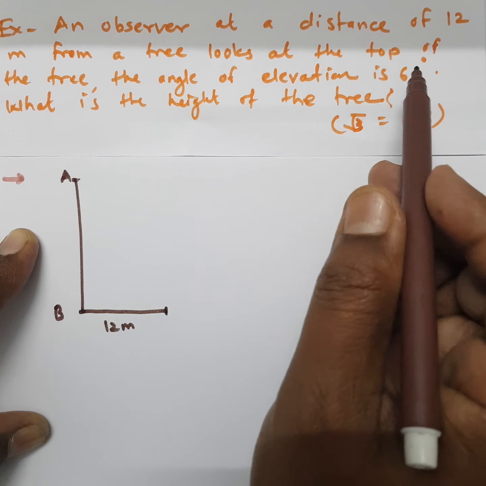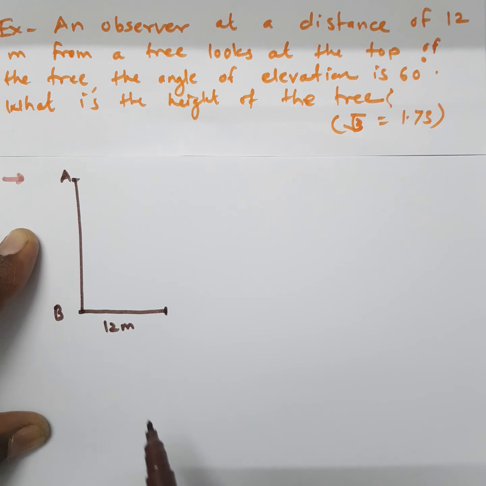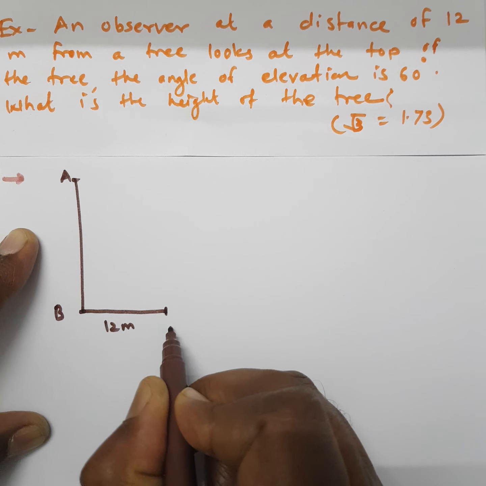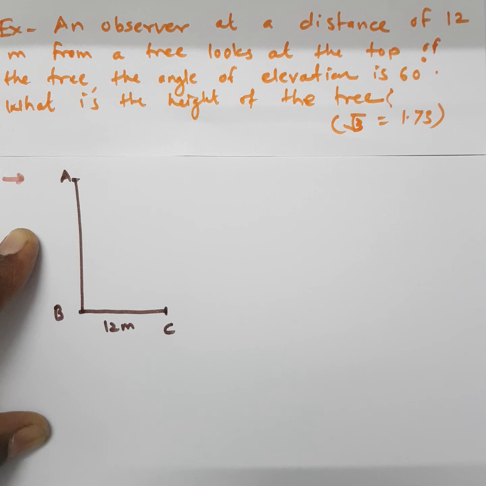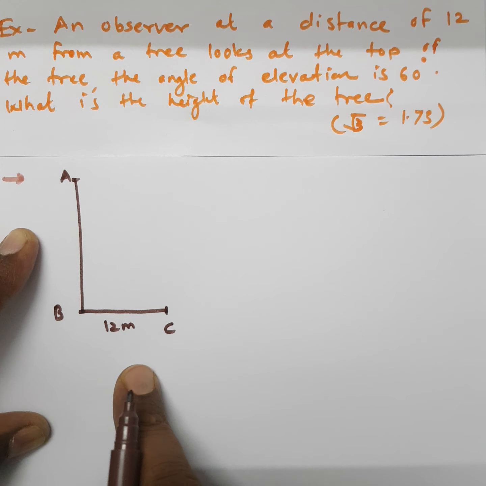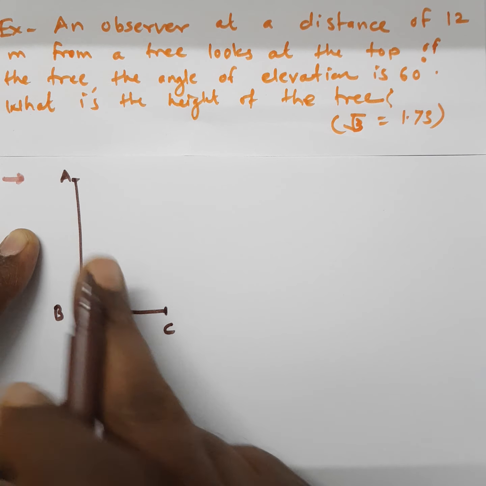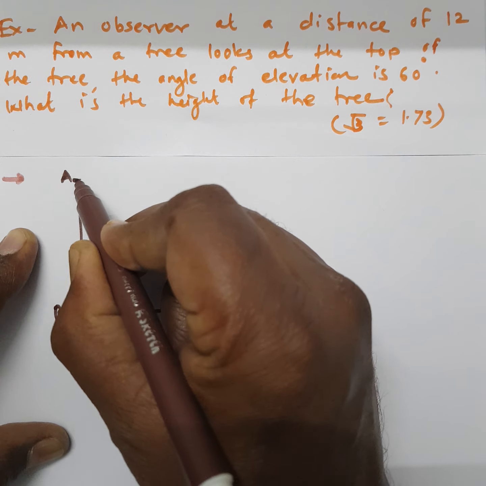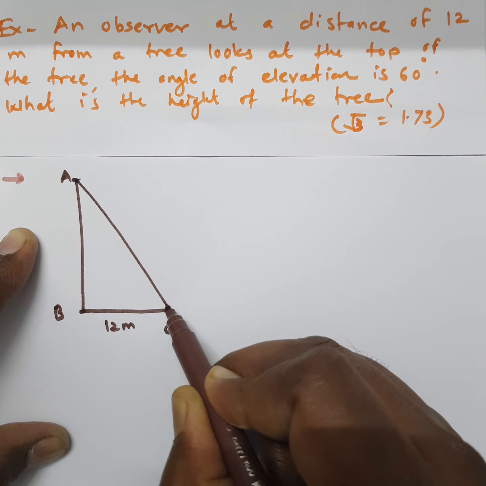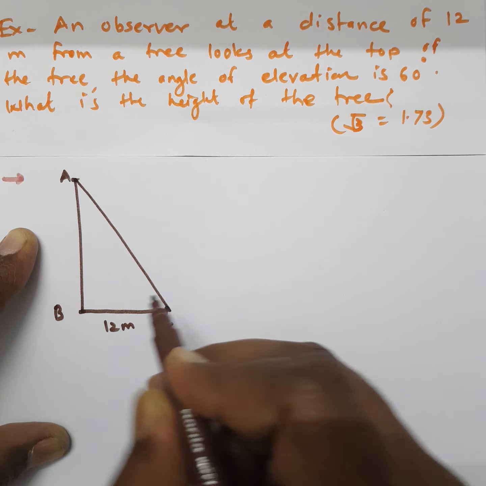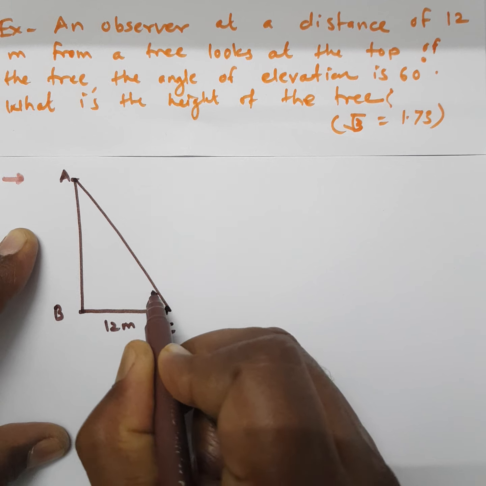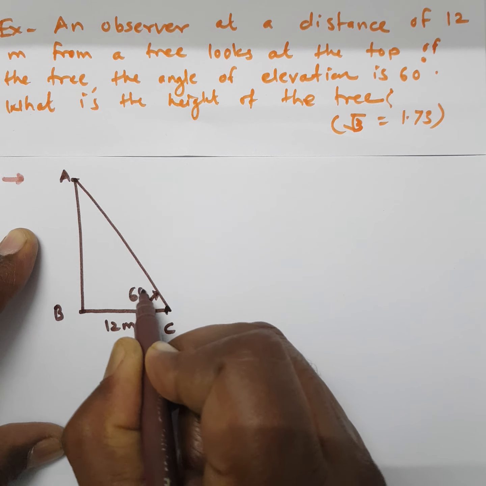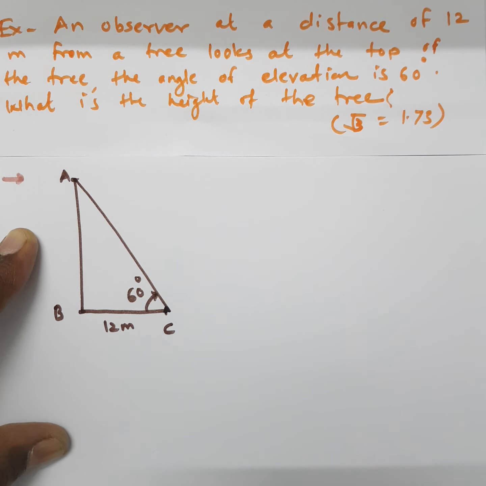Looks at the top of the tree. Suppose the observer is at point C and he looks towards the top of the tree. The angle of elevation is 60 degree. While looking towards the top, the angle of elevation is 60 degree.